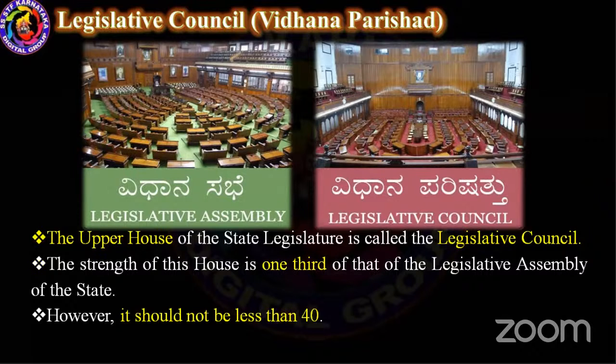You do the calculation. 75 into 3. What is the number? 225. Correct, right? Okay, one-third. You do the calculation. 75 into 3, how many will it be?